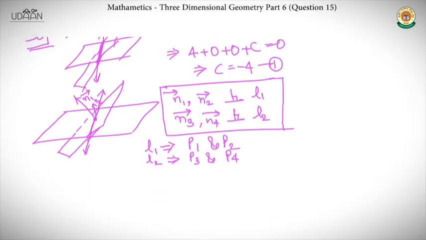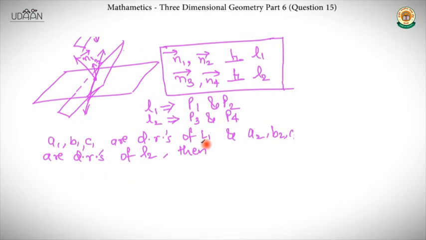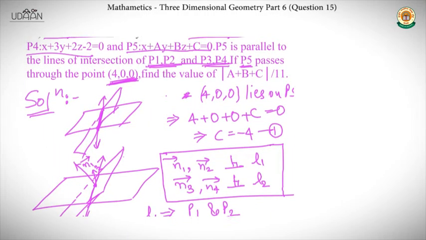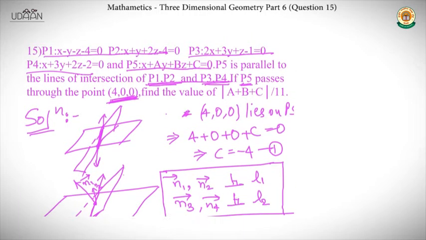So if A1, B1, C1 are direction ratios of L1 and A2, B2, C2 are direction ratios of L2, then line 1 is perpendicular to N1 and also to N2.